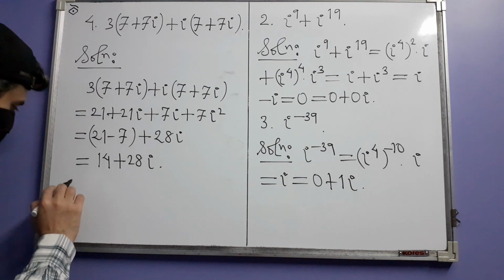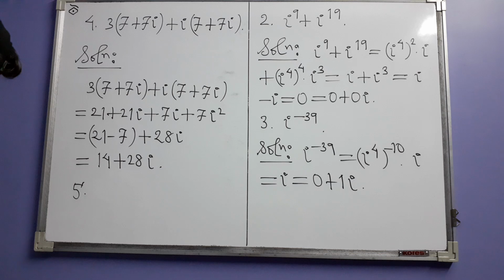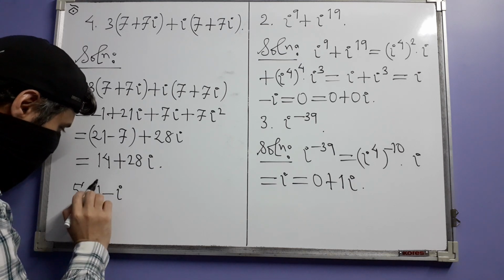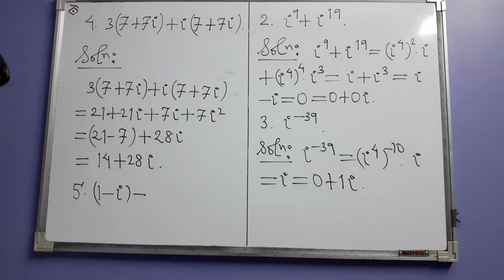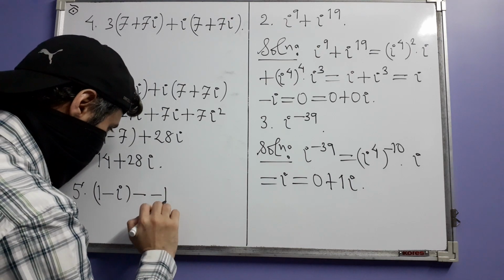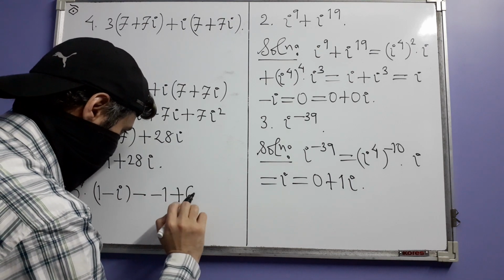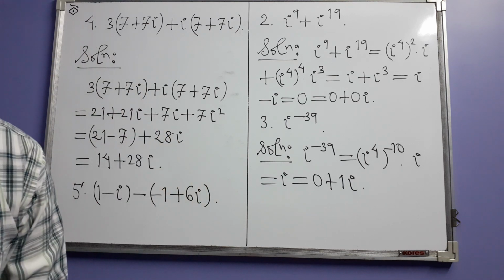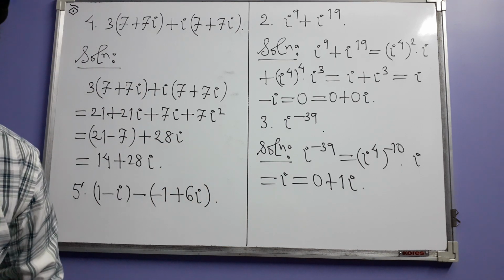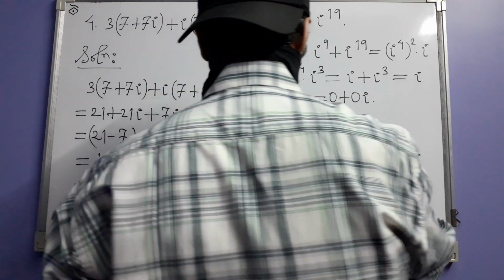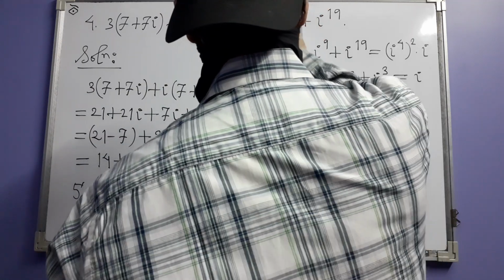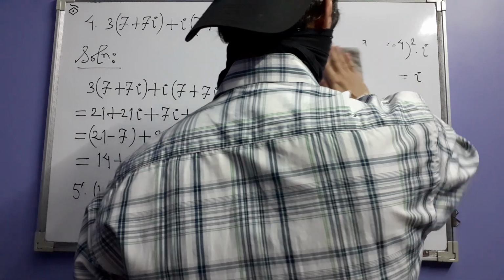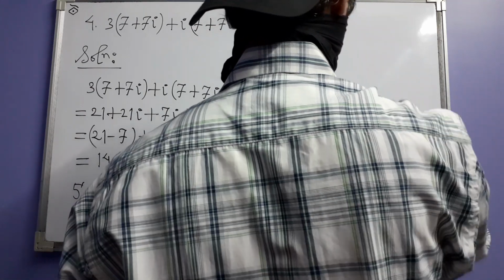Yeah. Next, fifth one, 1 minus i minus minus 1 plus 6i. You can proceed in slightly different ways for this one.